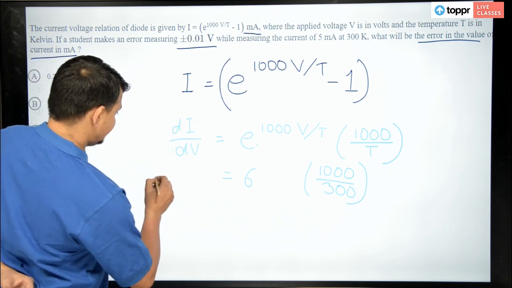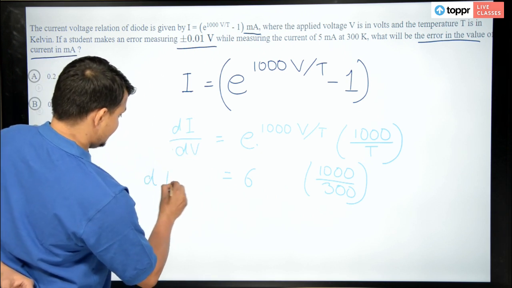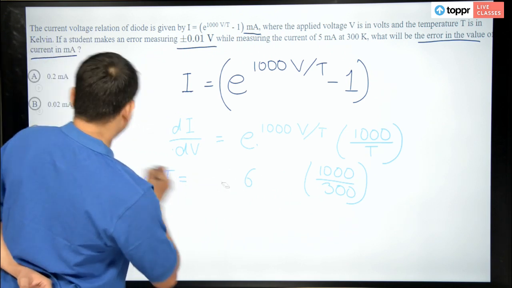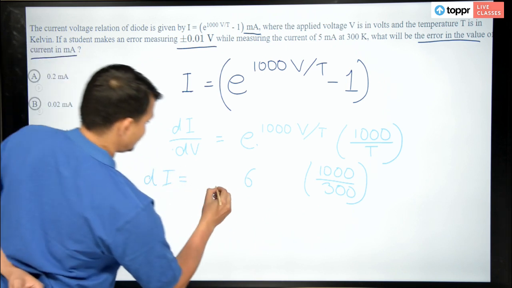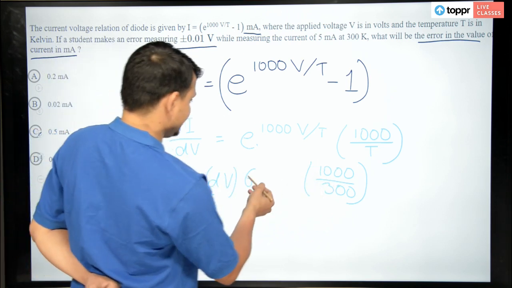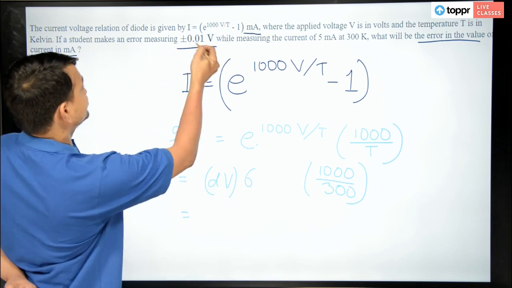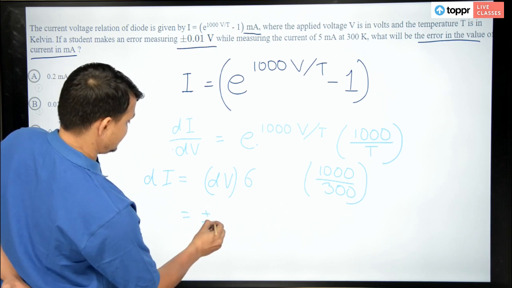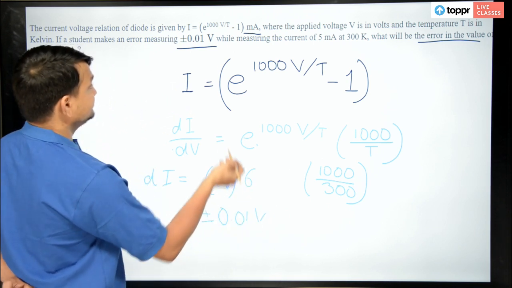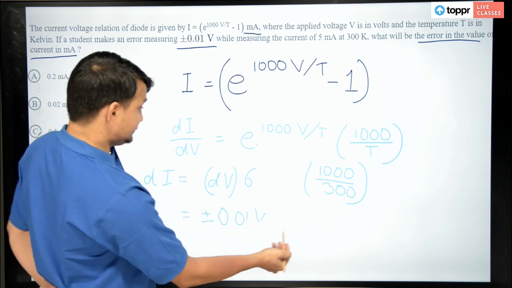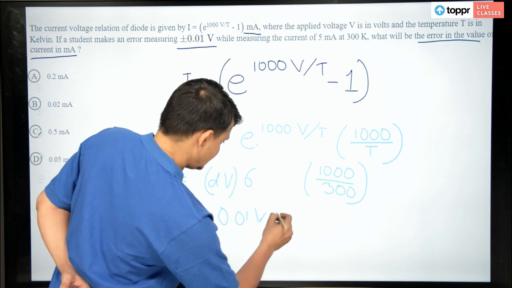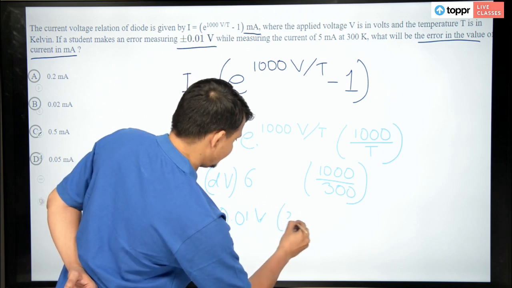So we can say that the error of dI is equal to the error of voltage dV times this whole part, and that we are getting as dV is equal to plus minus 0.01 volt times 6000 by 300, that equals times 20.